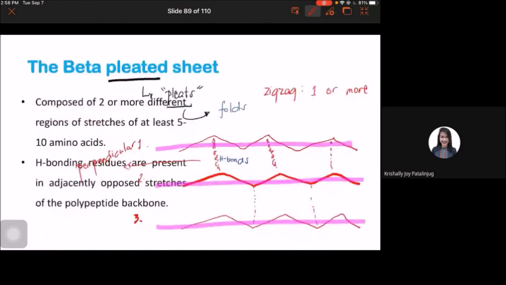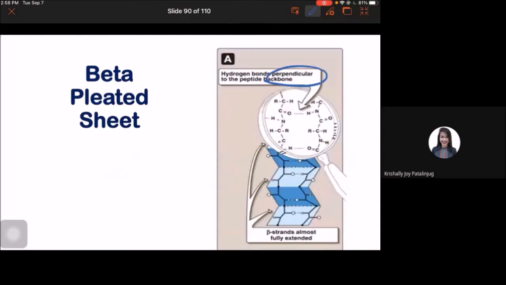Proceed tayo ngayon sa mga notes. Okay? So sabi dito, beta-pleated sheet, it is composed of 2 or more different regions of stretches, at least 5 to 10 amino acid residues, such that yung hydrogen bonding residues are present adjacently opposite to the polypeptide backbone, in which yung hydrogen bonds are perpendicular to the peptide backbone.